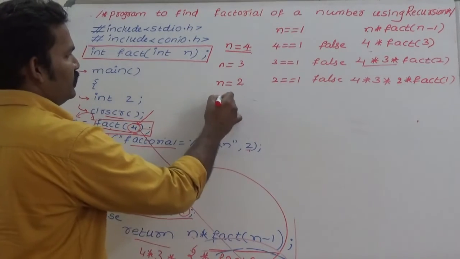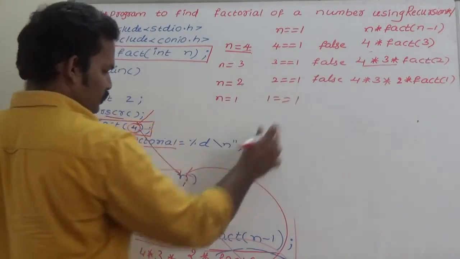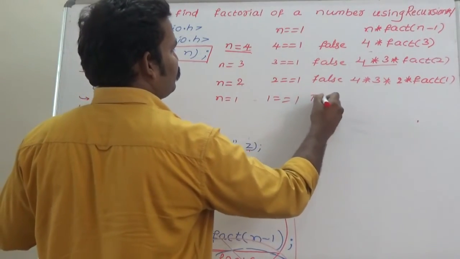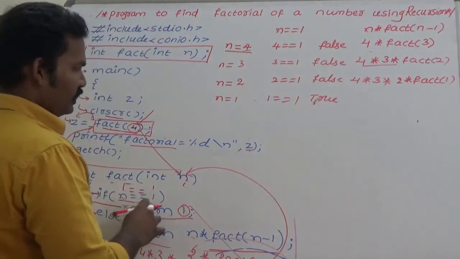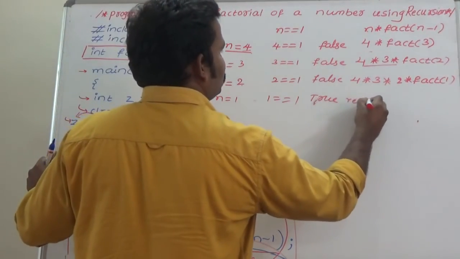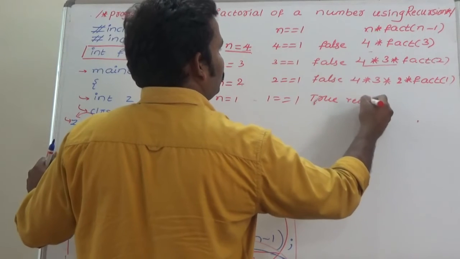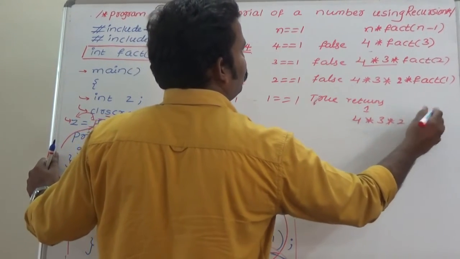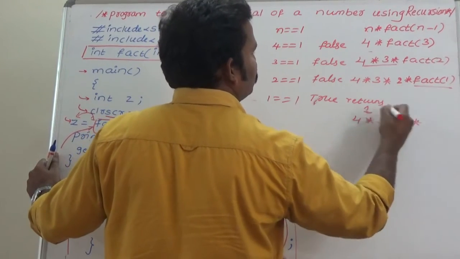That means 4 into 3 into 2 into the result 1.